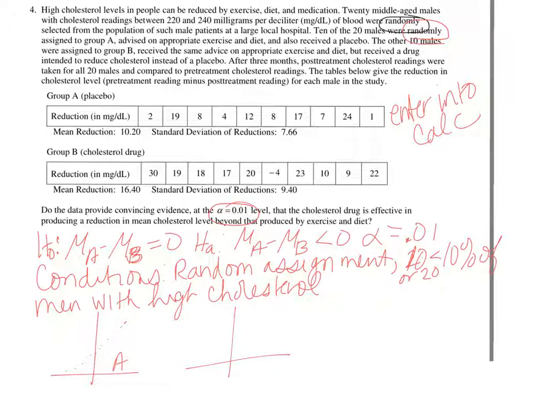And let's turn on the other one. Look at list 2. This is B, and it kind of looks like that, straight enough. So we say the normal probability plot is straight enough.